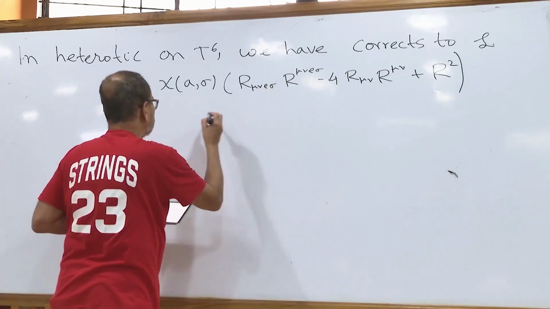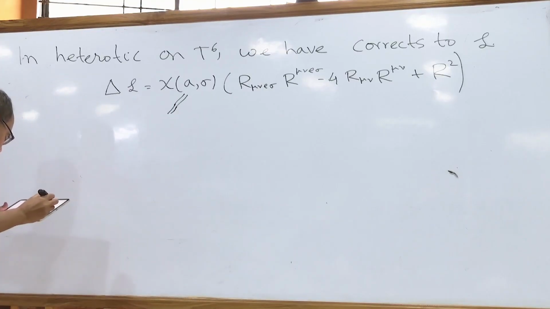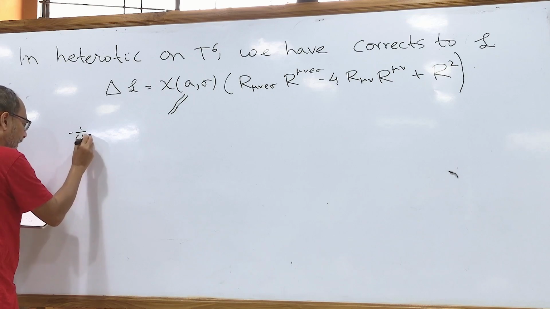Here this is the usual Riemann tensor and this is a function. I'll write what this function is. So chi of A sigma is in fact a complicated function. It's minus 1 over 64 pi square.